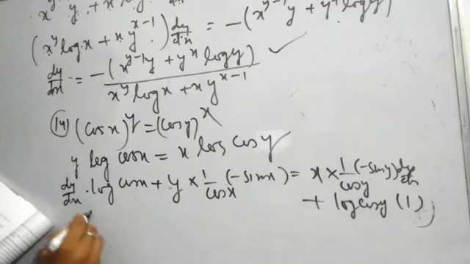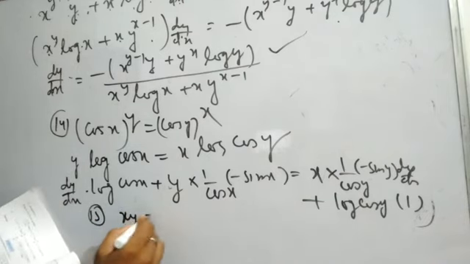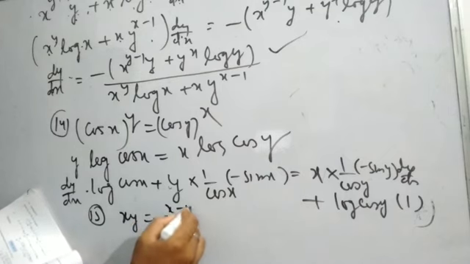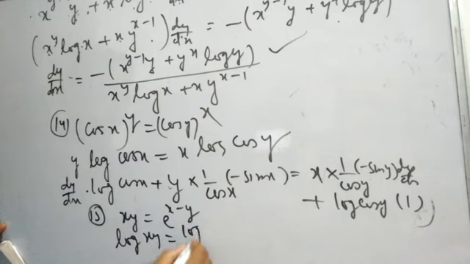Similarly, question number 15 is also very easy. That is xy is equal to e to the power x minus y. You take a logarithm on both sides, so log xy is equal to log e to the power x minus y.